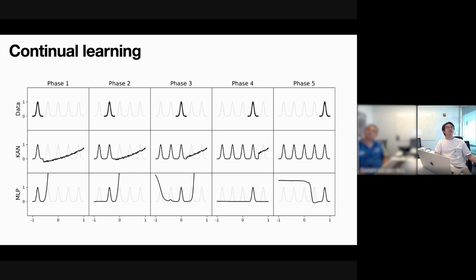Let's suppose we want to fit this one big function with 5 peaks, and the data are coming in 5 stages, and each phase will present you only 1 peak. For CANs, when they are receiving more data, they do not forget about old data. But this is not true for MLPs, because when MLPs try to fit the new data, they unavoidably forget about the old data.